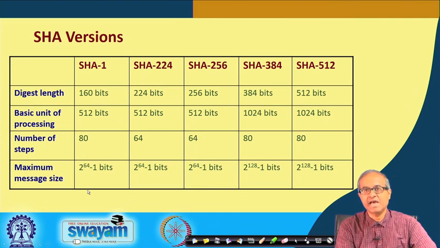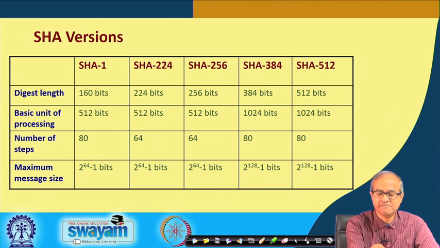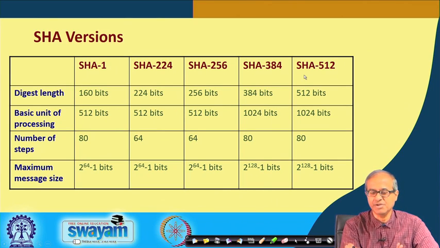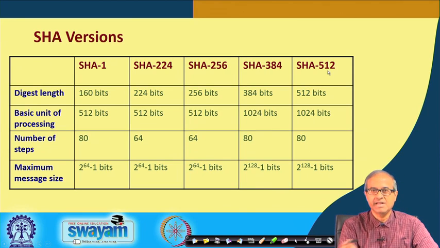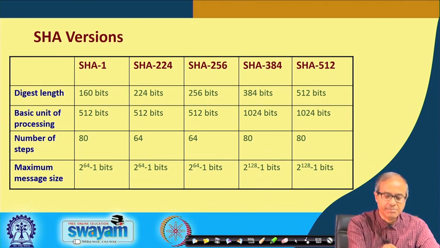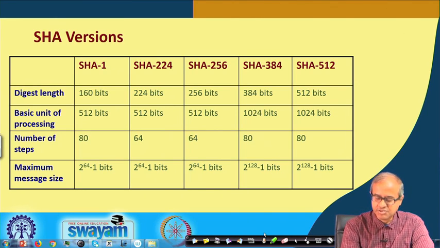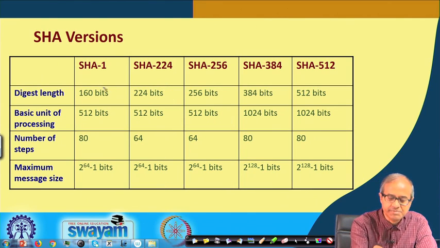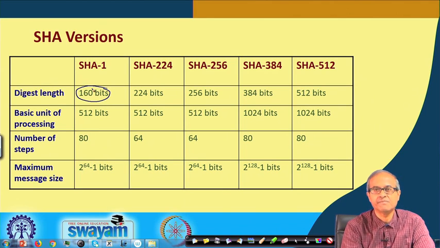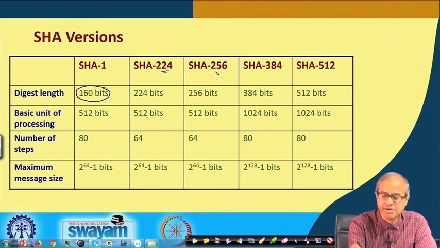Now, talking about the different hash versions of SHA, in this table I have just summarized 5 different versions. There are other versions also in between: 1, 224, 256, 384 and 512. They are distinguished primarily by the digest length. SHA1 is the most basic version. It uses 160 bits for the final hash value, but for the other ones, this number indicates the size of the hash.